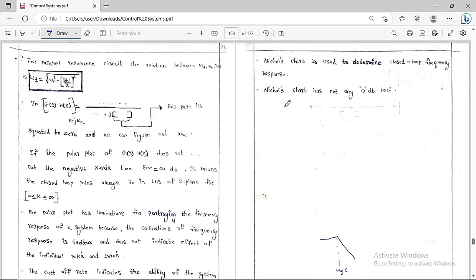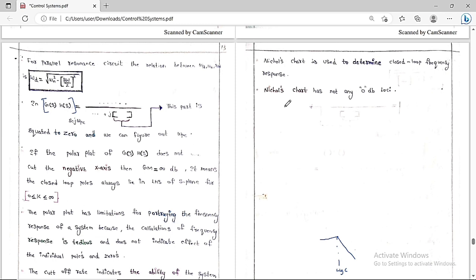The next point is the Nichols chart is used to determine the closed loop frequency response. The polar plot is for the open loop transfer function, whereas the Nichols chart is for the closed loop frequency response.